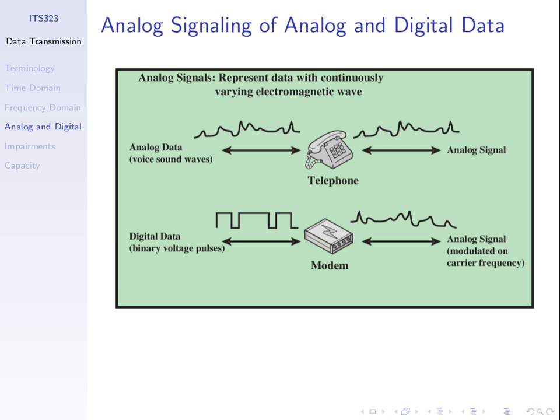Using your home fixed landline telephone, not your mobile phone, but if you've got an old style phone at home, that's an example of sending analog data, your voice, as analog signals. Because in fact your telephone transmits onto the telephone line analog signals.